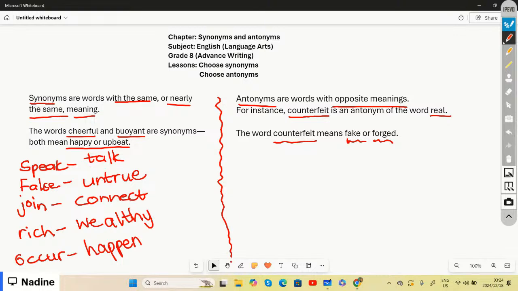So we said antonyms are words with the opposite meaning, right? So we're going to identify words, and then we're going to find the word that is opposite in meaning, the opposite of that word.